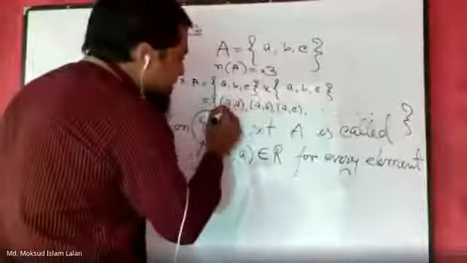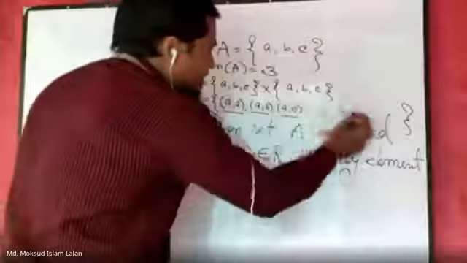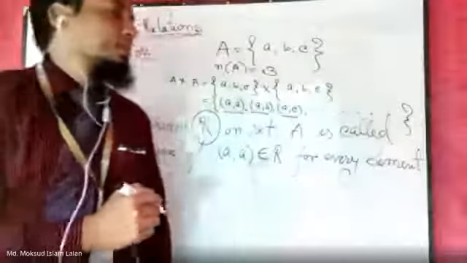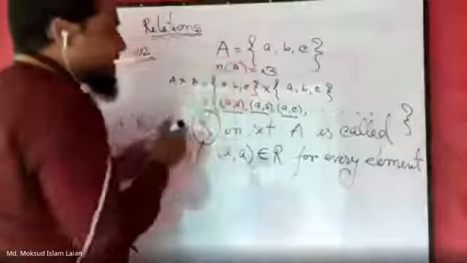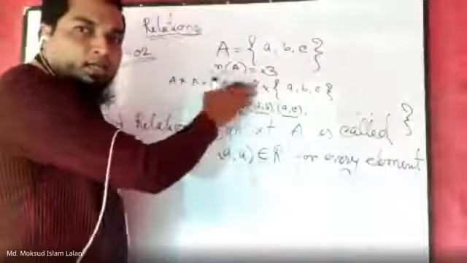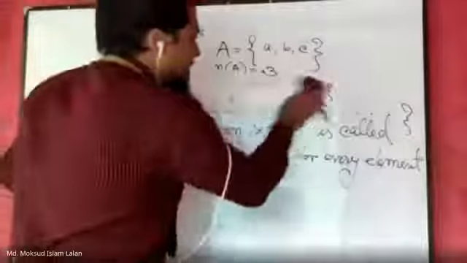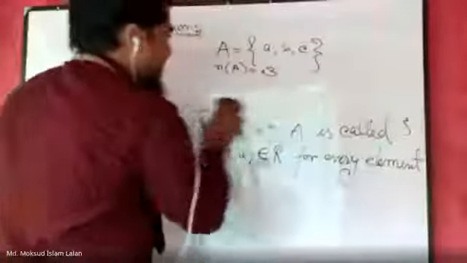You can say this is one element, two elements, three elements. How many elements in A cross A? Nine. Very good, nine. So A cross A has 9 elements, right?